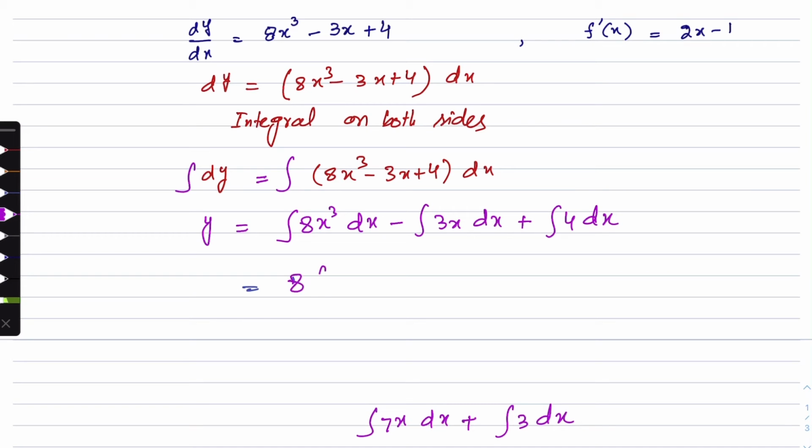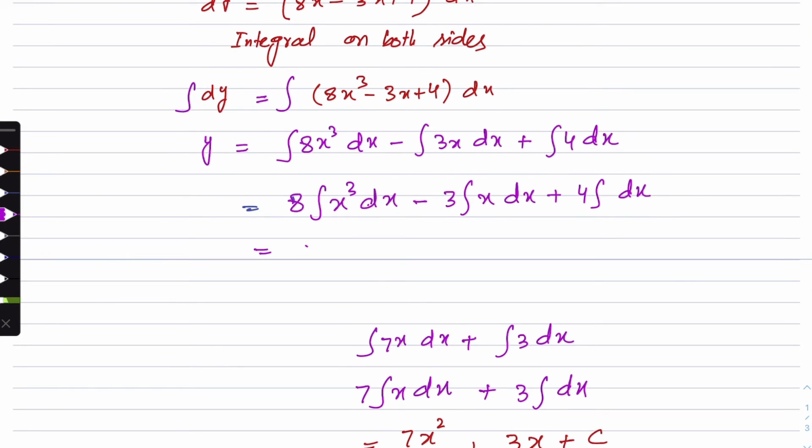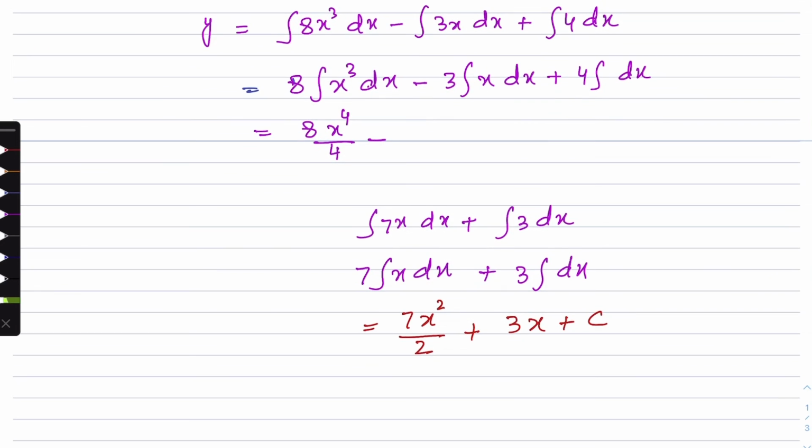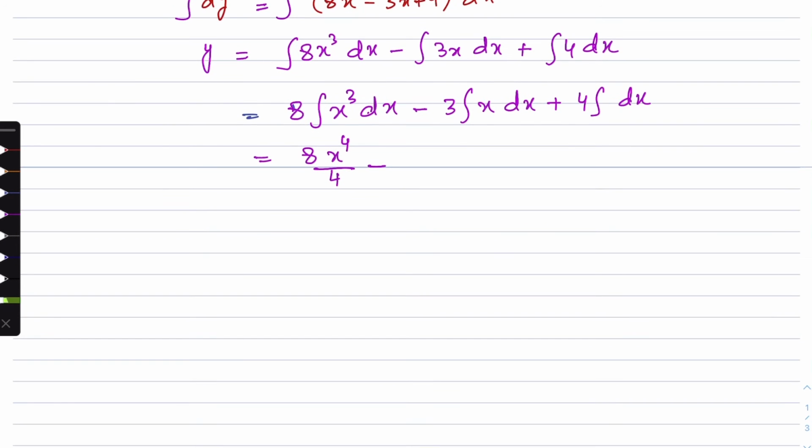One more step: 8 outside the bracket, integral of x cube, minus 3 outside the bracket, integral of x dx, plus 4 outside the bracket, integral of dx. So this would become 8x to the power 4 divided by 4 minus 3x squared divided by 2 plus 4x and plus c. This is the function.